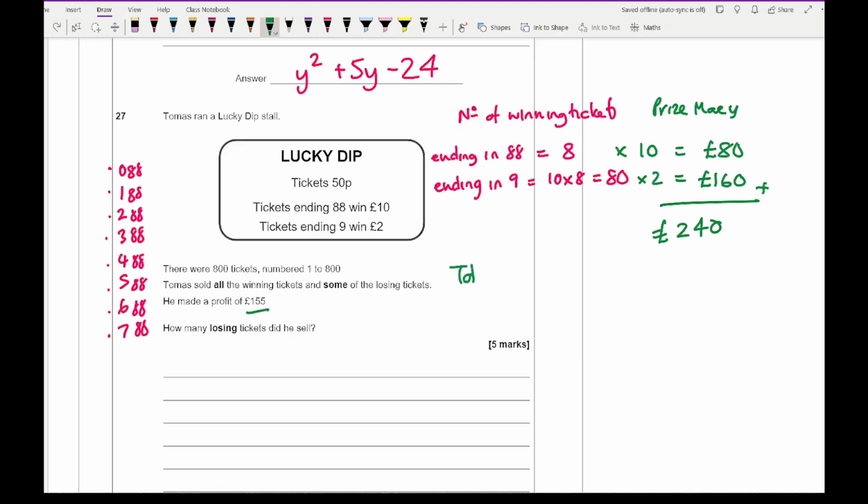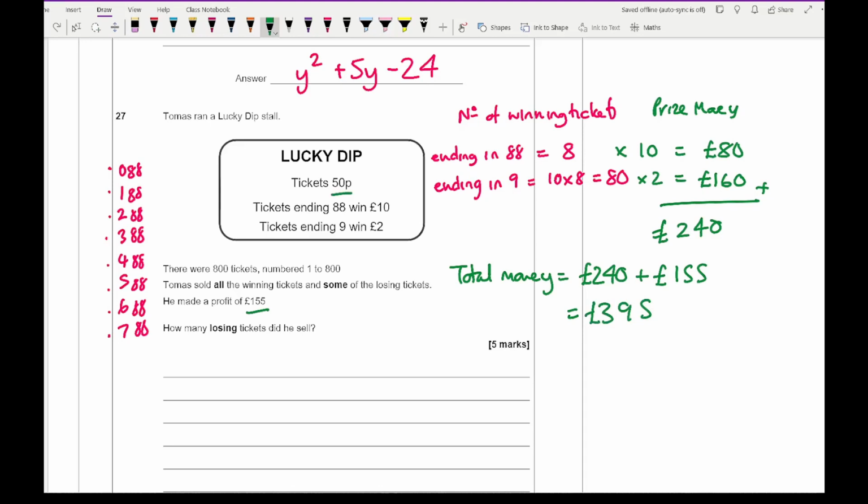So the total money from the raffle raised must have been the prize money, which was all given away, plus £155. So if I add those two numbers up, I get an answer of £395.